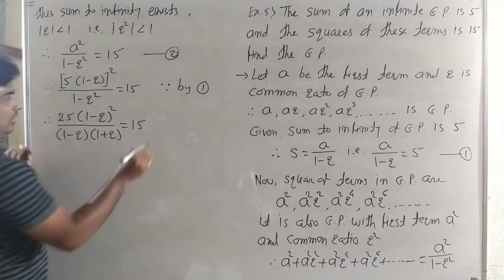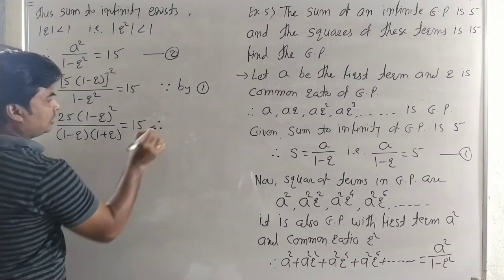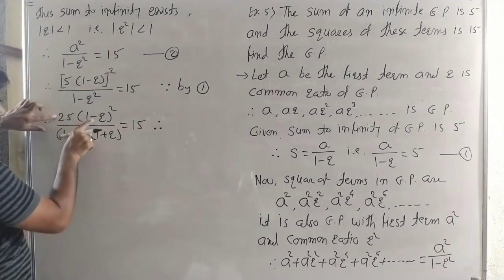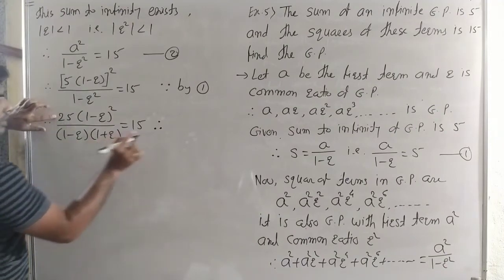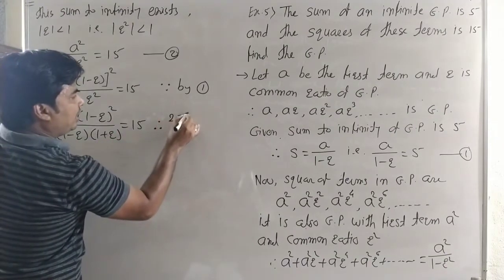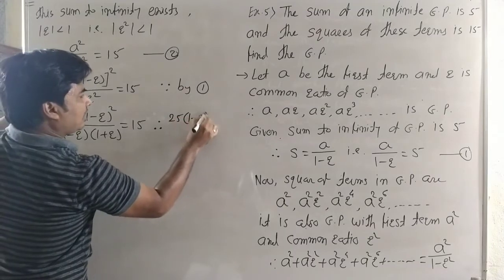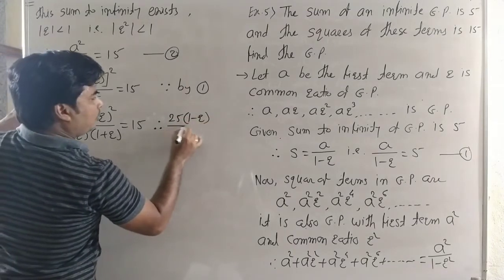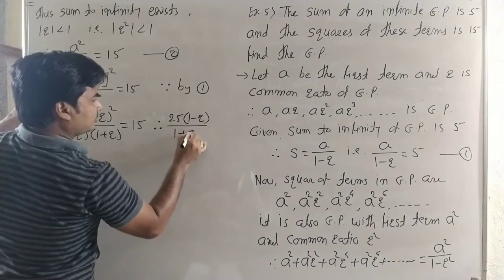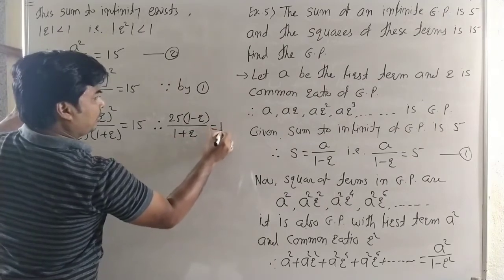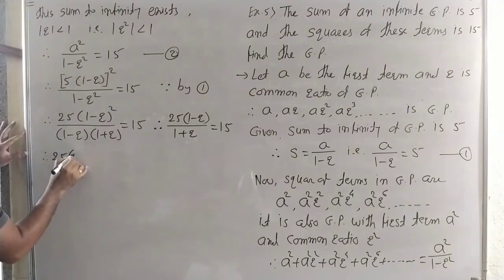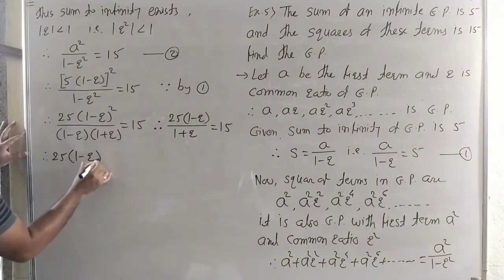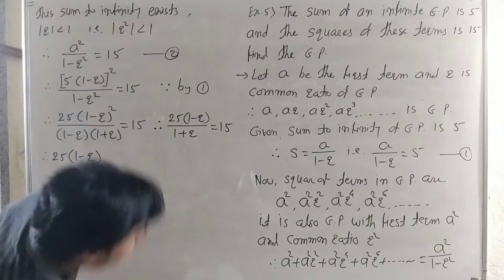Therefore 1 minus r gets cancelled, and we can write 25 into 1 minus r upon 1 plus r is equal to 15. Now we can directly multiply.